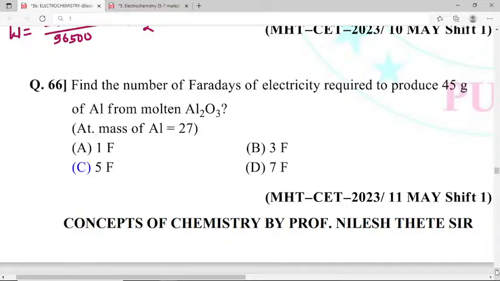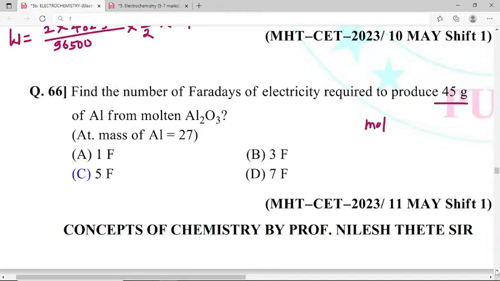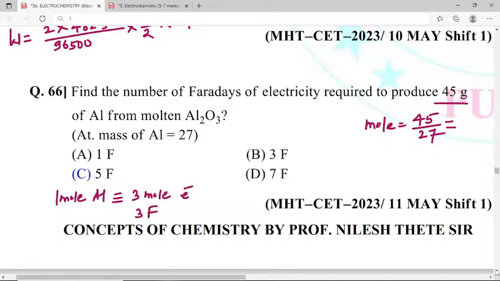So the moles are equal to mass divided by molar mass of aluminium, 45 divided by 27. Then 1 mole of aluminium requires 3 moles of electrons, so that is 3 Faraday.